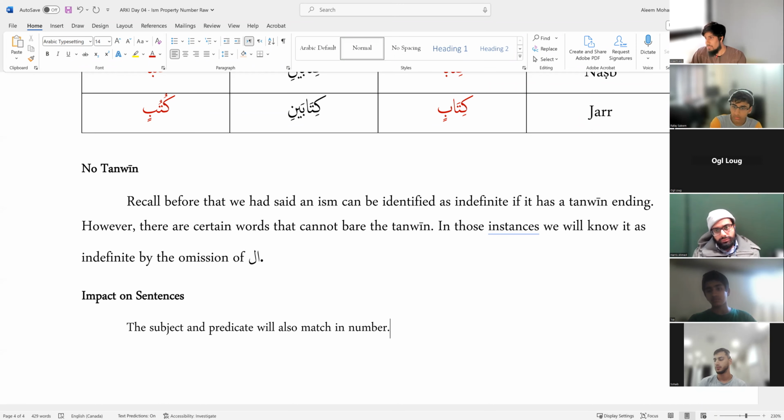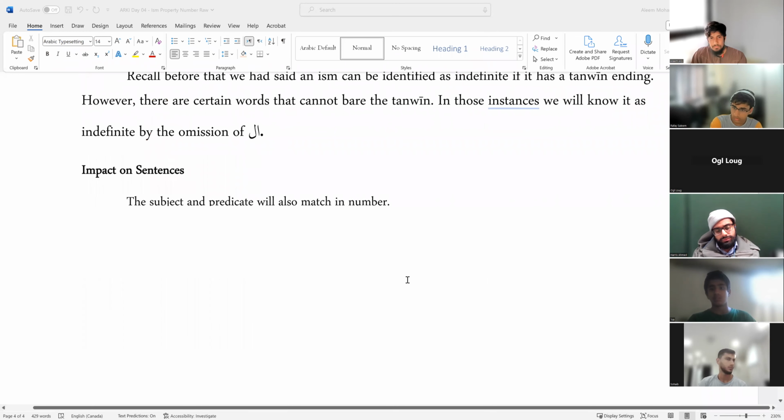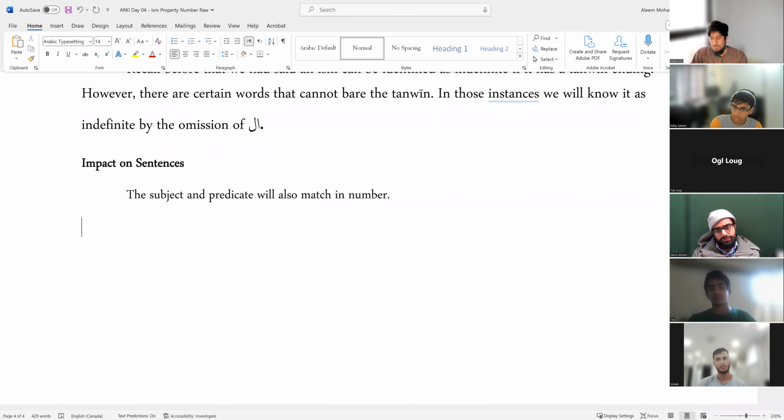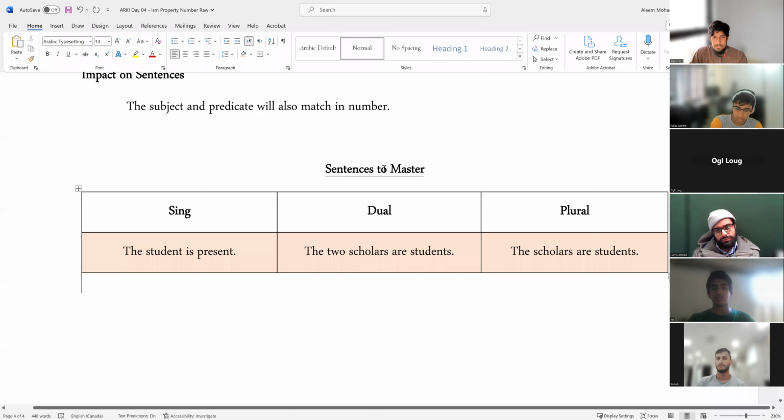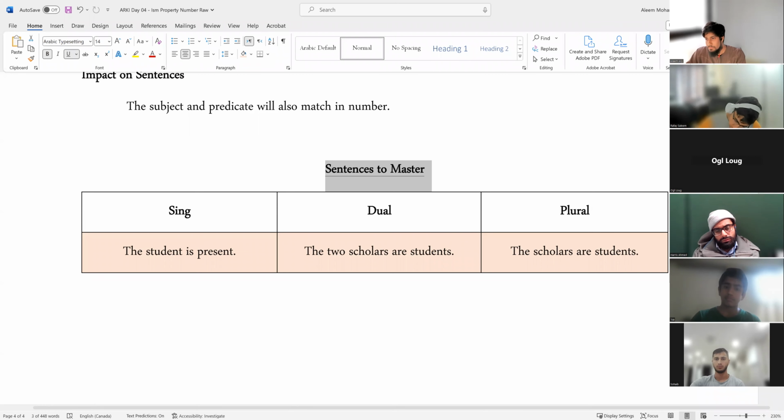So let's take a look at some examples of that. I'm gonna put this under the sentences to master section. Remember, guys, at the end of every lesson, there will be a sentence to master section, which if you understand these sentences and how they work and what's going on, then you've got the essence of the actual lesson, right?